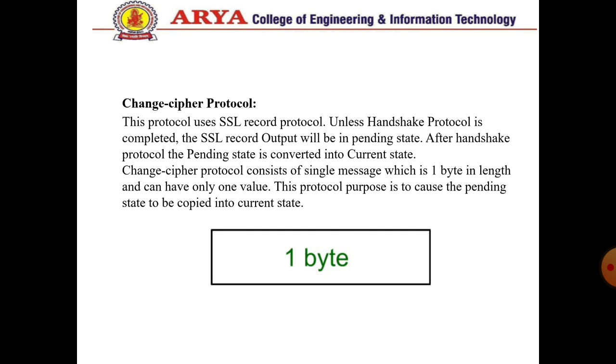After the handshake is completed between the client and server, the pending state is converted into the current state. The change cipher protocol consists of a single message which is 1 byte in length and can have only one value. This protocol's purpose is to cause the pending state to be copied into the current state.